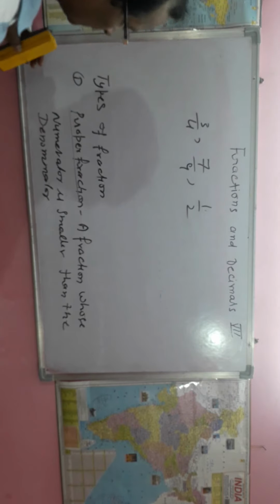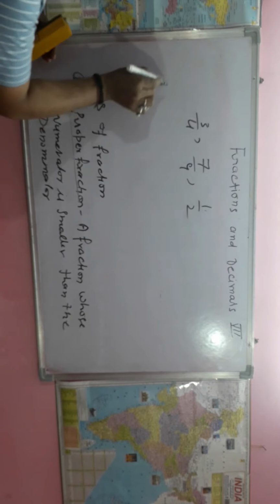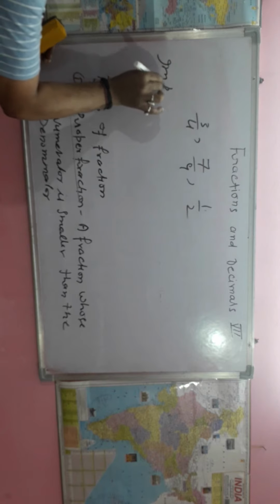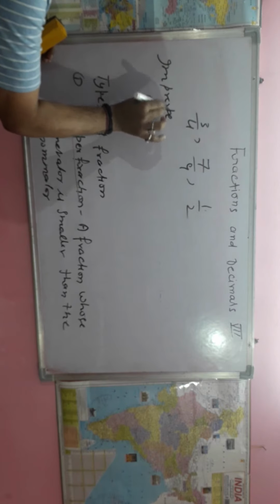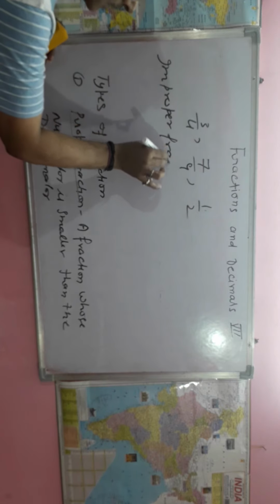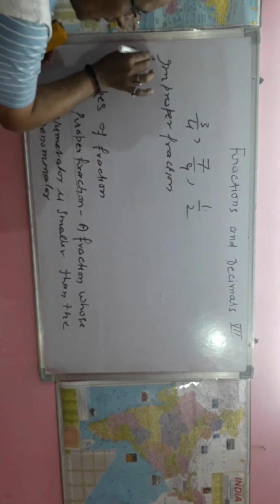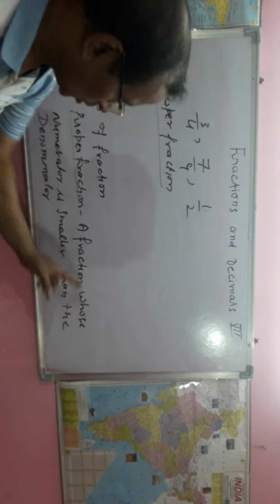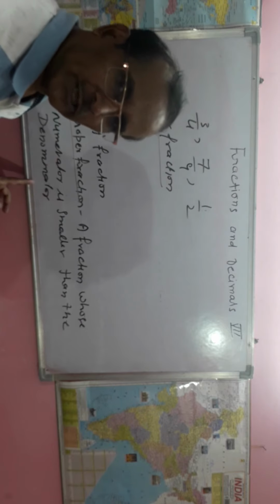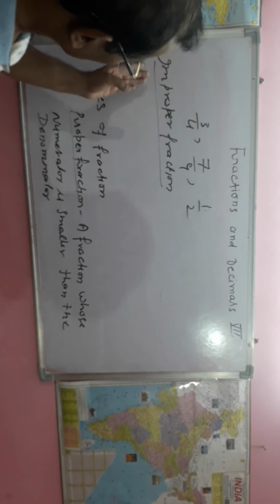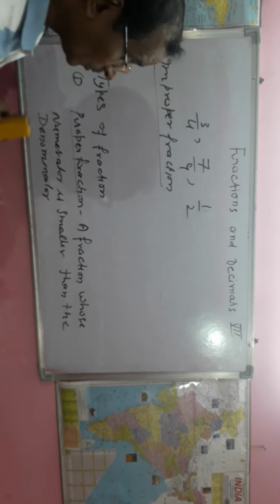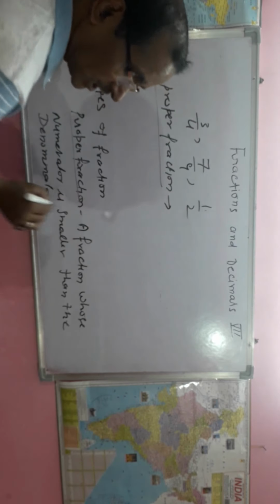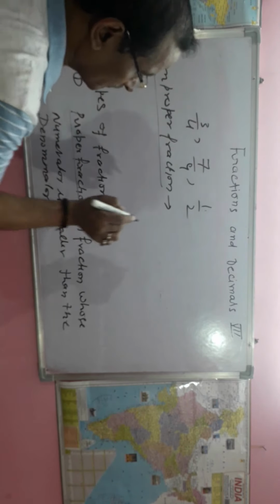Now we come to improper fraction. In proper fraction, the numerator is smaller than the denominator. In improper fraction, the numerator must be greater than the denominator.